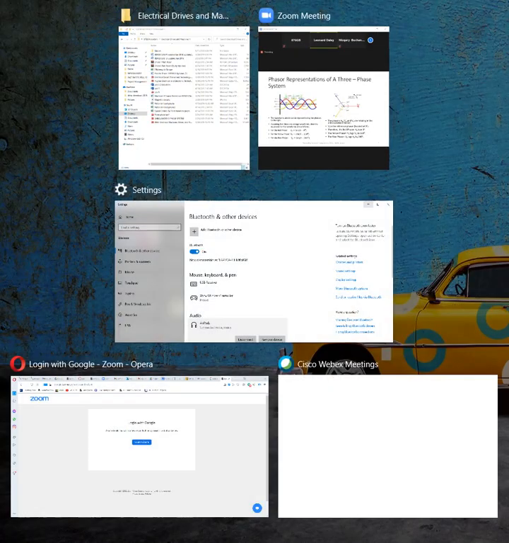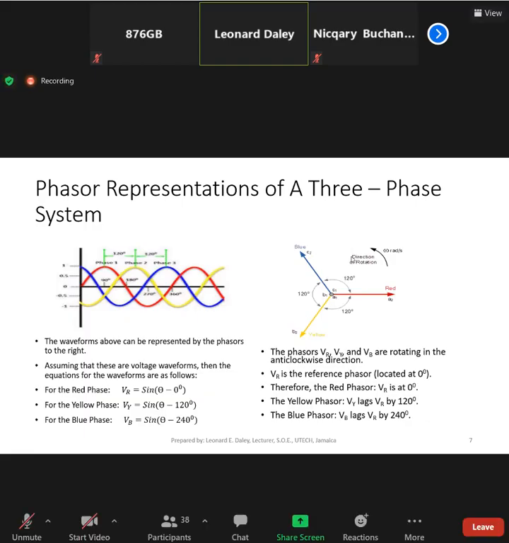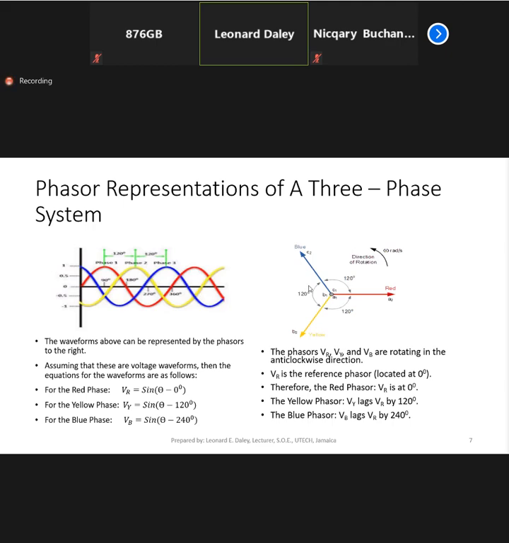All right. So going in that direction, you can see that there's a 120 degree shift between the phasors. If I am using the red phase as my reference, and they are rotating anti-clockwise, and let's say you're standing right here, so your eye is right where the omega is.